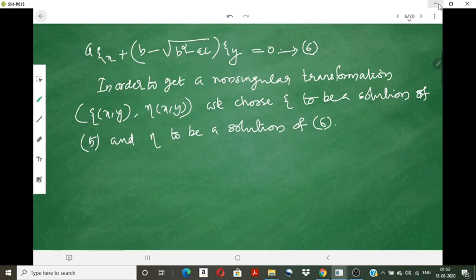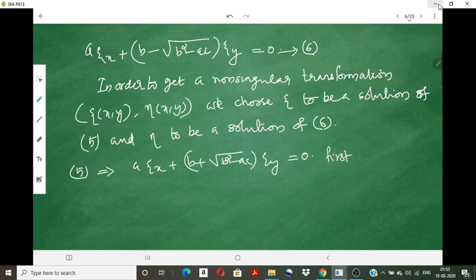So first let us consider equation number 5, that is, a theta x plus b plus root of b square minus ac theta y is equal to 0, which is a first order quasi-linear equation.